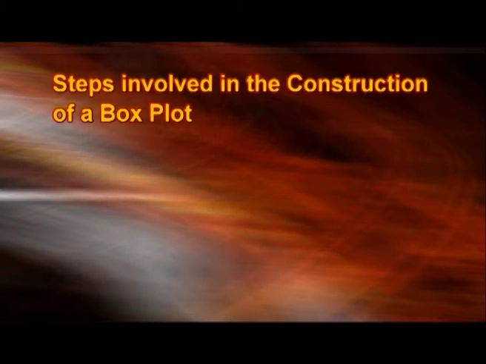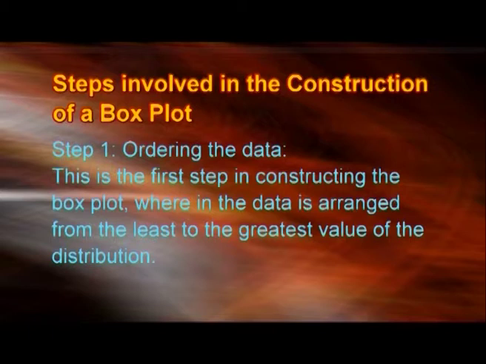Now, let us discuss the steps involved in the construction of a box plot. Step 1. Ordering the data. This is the first step in constructing the box plot, wherein the data is arranged from the least to the greatest value of the distribution.